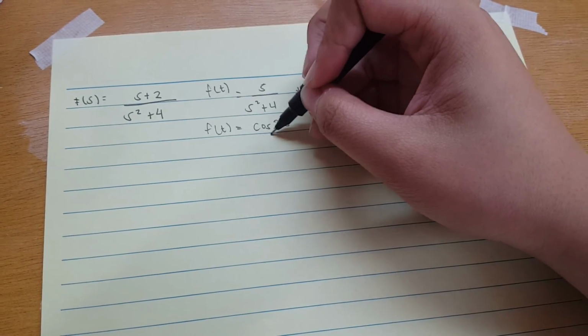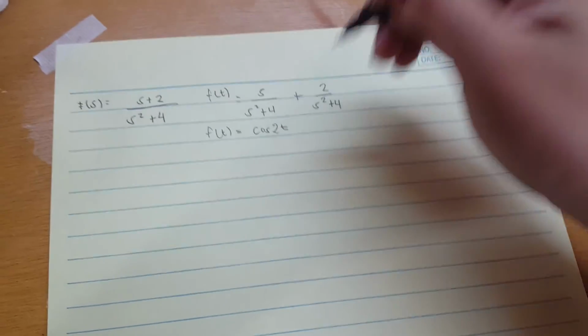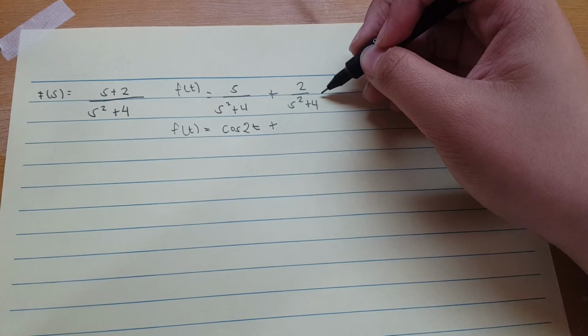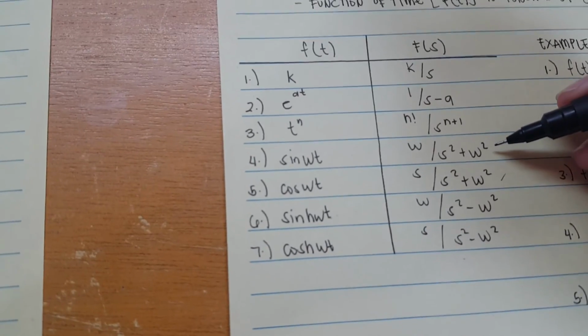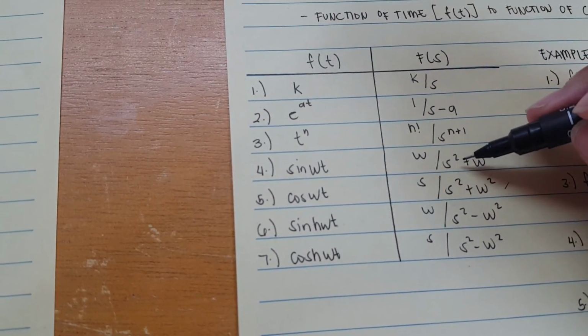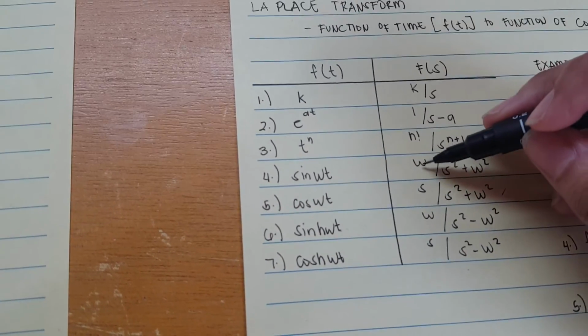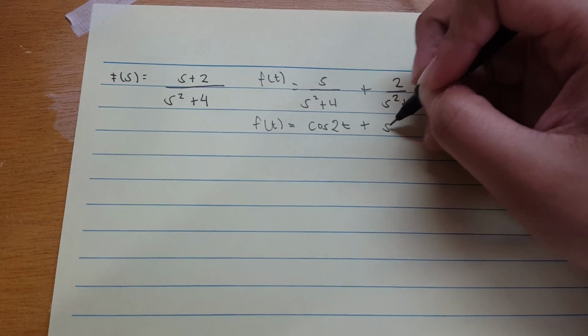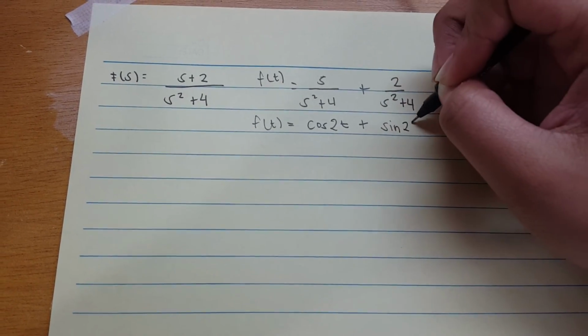It became 2 because the square root of 4 is 2. Plus, for the second equation, we are going to use number 4 in our chart, which is w over s squared plus w squared. W represents the constant. This will now be sine 2t.